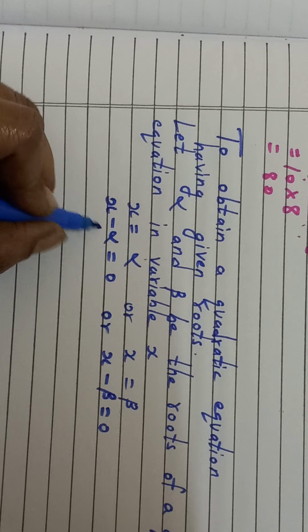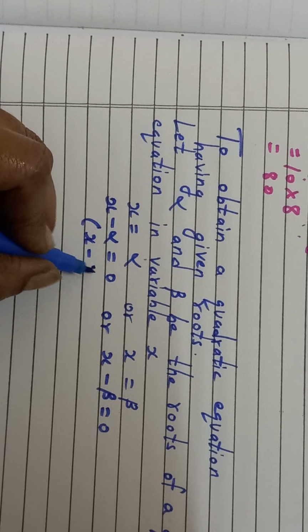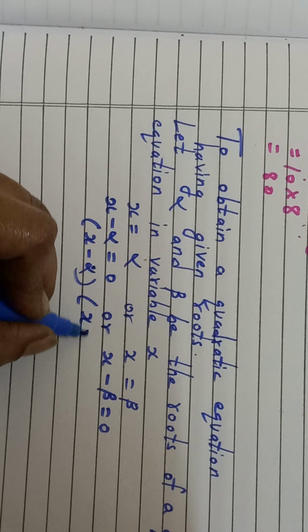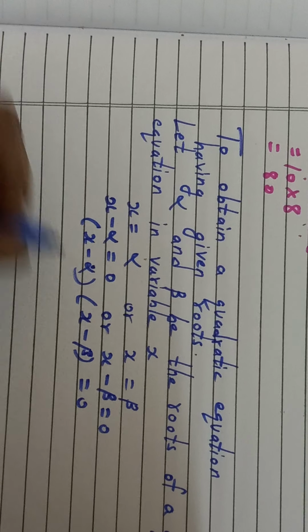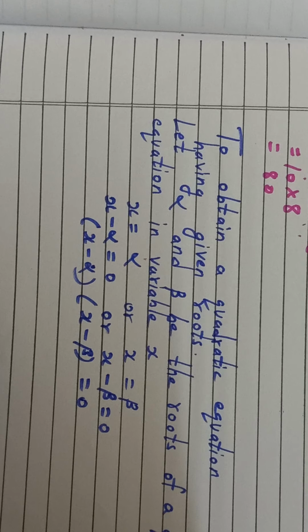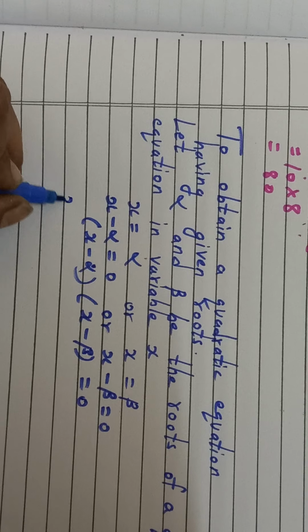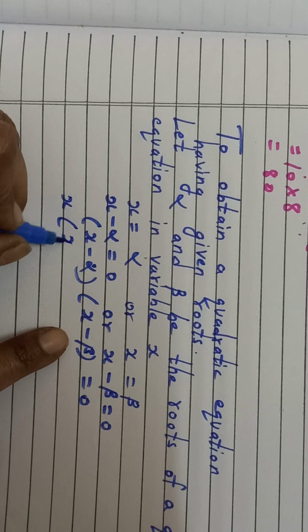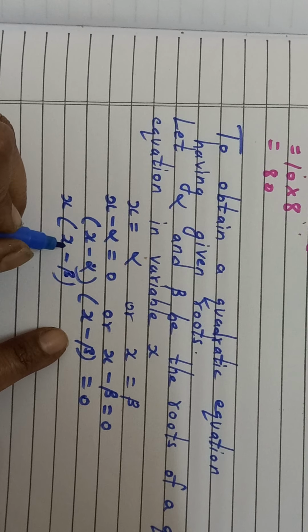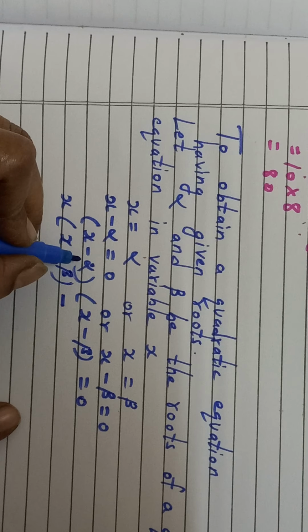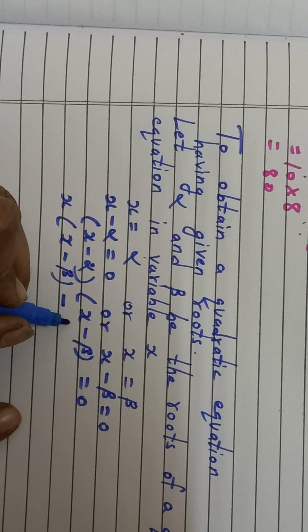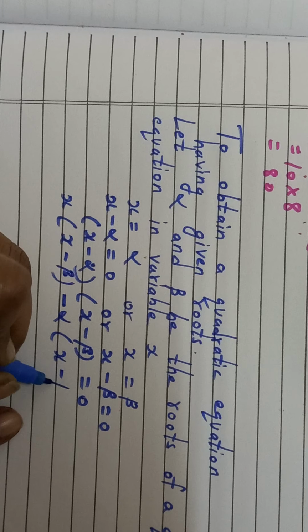Then what we will do, (x - alpha)(x - beta) = 0. In factorization steps, we have already discussed all this. After that, what will happen? This x we will take like this, x minus beta multiplied by the second binomial, minus alpha into x minus beta.